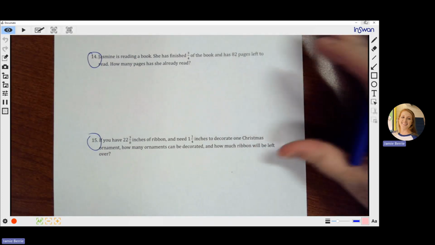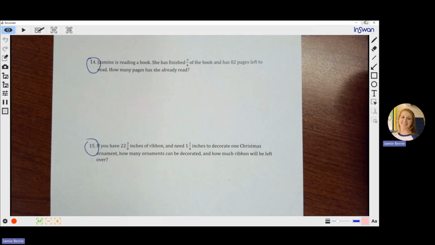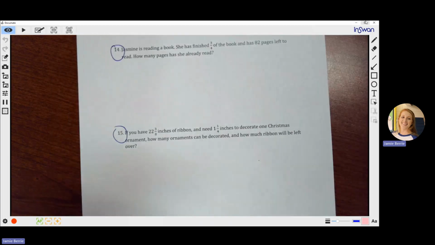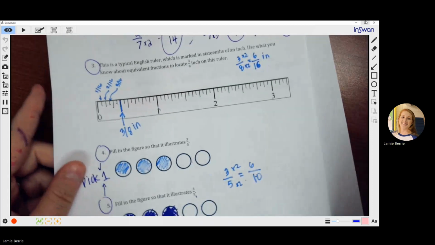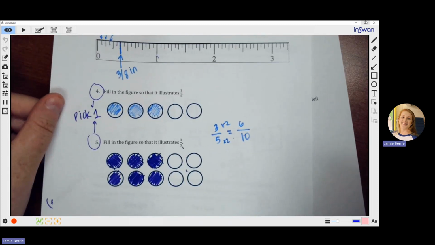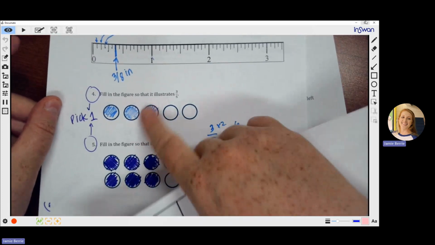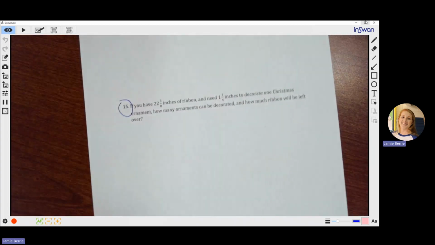I'm thinking I'm going to do 12 questions on the test, because for 4 and 5, I was only going to pick one of those. So if you count that as one problem, that leaves you with 12 questions on the test.